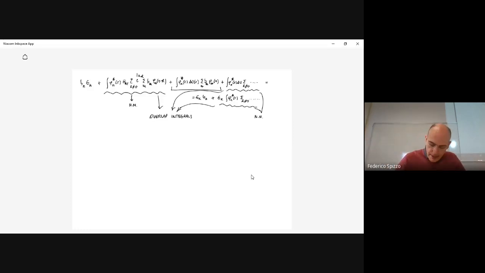So to simplify the problem, the idea is to use just one s orbital. In this case, if we have just one s orbital, there is no combination because there is just one orbital.